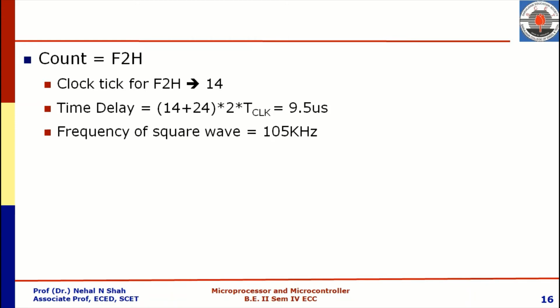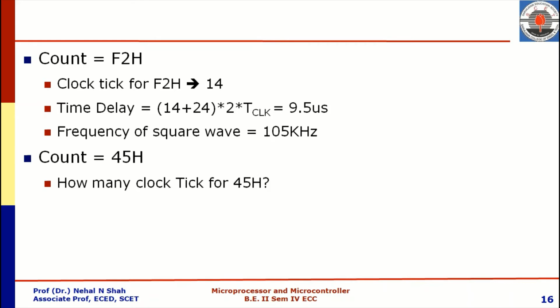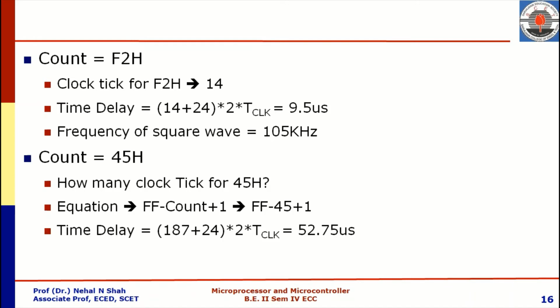Now the question arises: if we consider any other random value, for example 45 hex, how many clock ticks will there be? We can use the equation FF minus count plus 1 to identify how many clock ticks there will be. So in this case, 187 clock ticks will be there plus 24 clock ticks for the main program and subroutine other instructions.